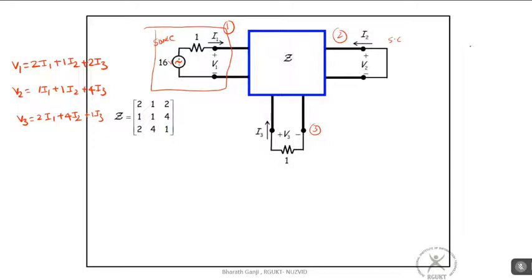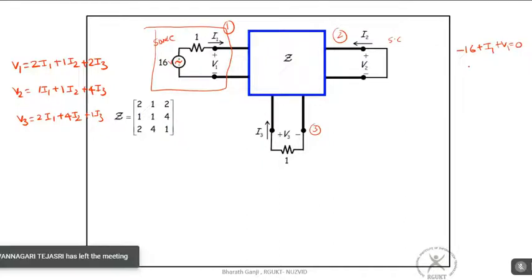We can apply Kirchhoff's law. Okay, -16 plus I1 plus V1 equal to 0? Okay, so that is one relationship we get from the KVL.